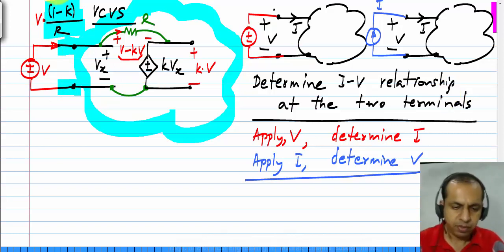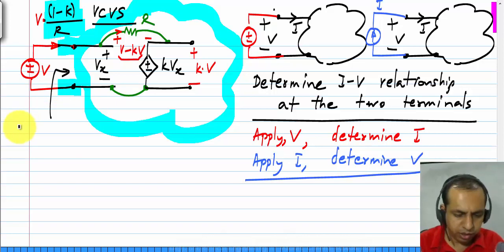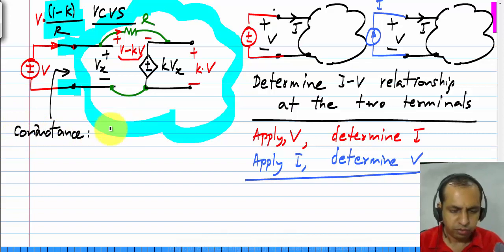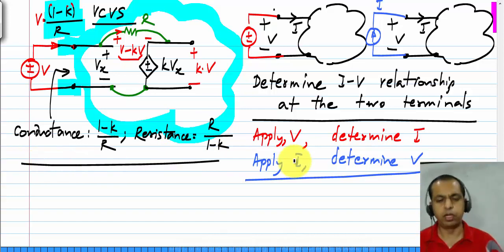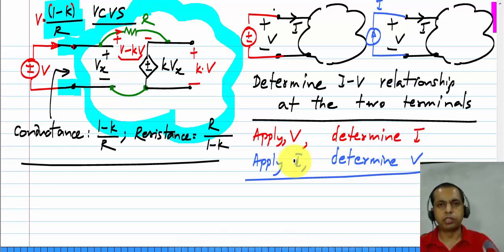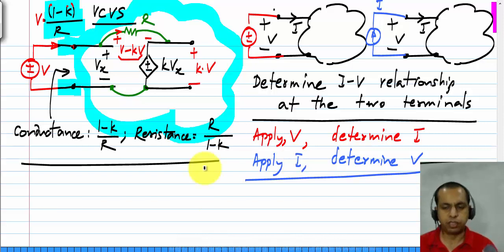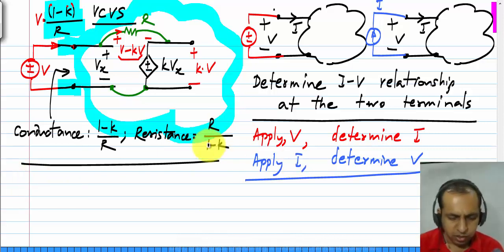So between these terminals, it looks like a conductance of value 1 minus K by R, or a resistance of value R by 1 minus K. So if you have a physical resistor R, by connecting it up with a voltage controlled voltage source like this, you can change its value. You can also see what happens with this.